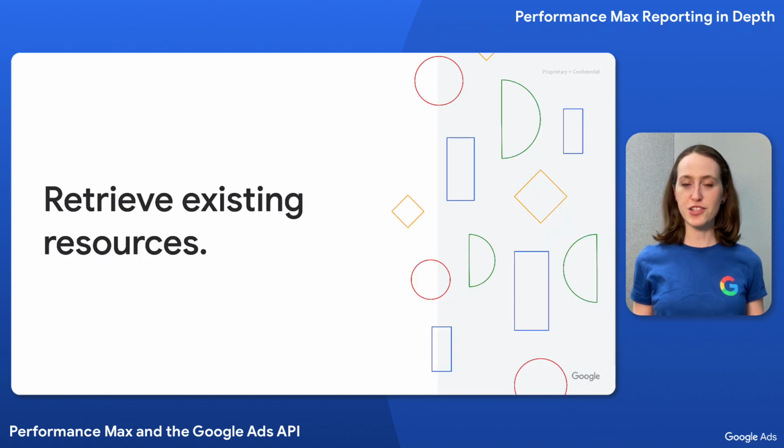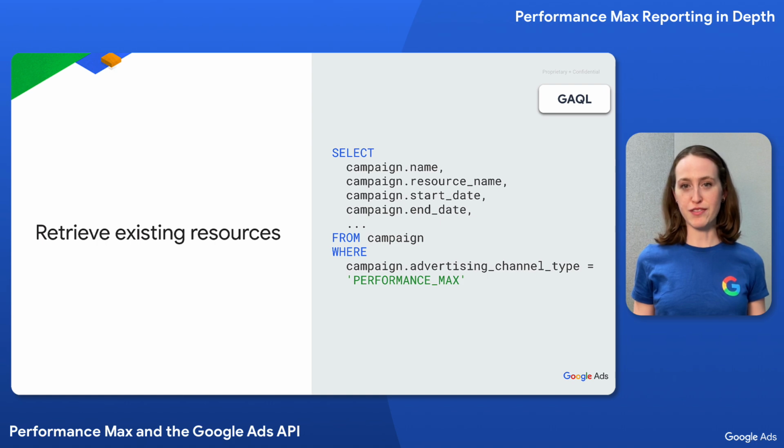Let's start with our first use case and a basic example. Say we want to retrieve all of our Performance Max campaigns. Using the Google Ads Query Language, or GAQL, we select the fields we need from the campaign resource and make sure we're only selecting Performance Max campaigns by adding the filter where campaign.advertising_channel_type equals PERFORMANCE_MAX.